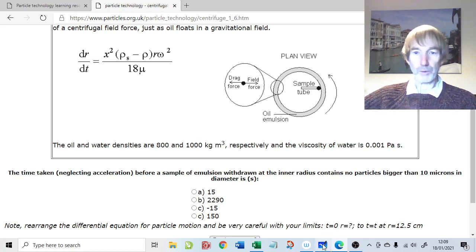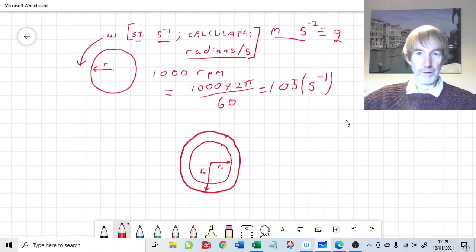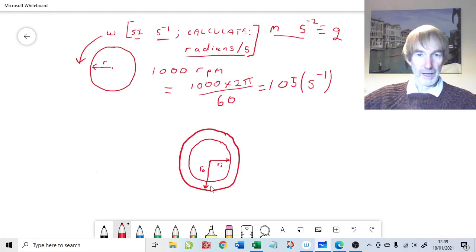I think we need the whiteboard to take this further. So there is the outer radius, R0, which is equal to 15 centimeters. That's half the diameter of the device. The inner radius, which I've called Ri, is at 12.5 centimeters.